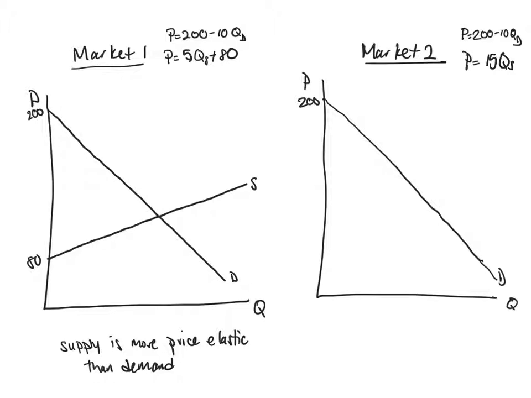In Market 2, the price is equal to 15 times Q sub S, which means that the price intercept is 0 and the slope is positive 15, which is steeper than the demand curve. So the supply here is less price elastic than demand.